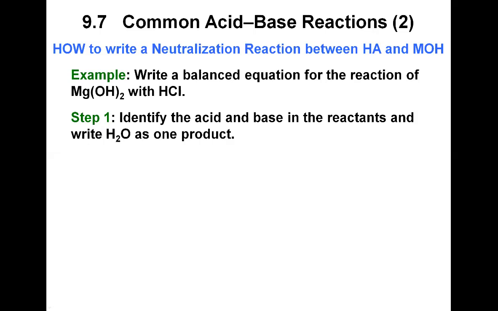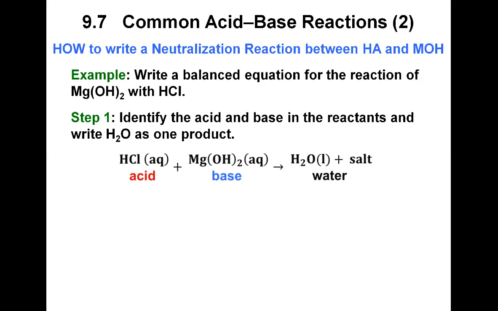The one that has hydrogen first in the formula is the acid. So HCl is our acid. And then Mg(OH)2 is the base, because you can recognize in that formula there is the hydroxide ion OH-. So you write them on the reactant side, and you write water as a product on the right side of the arrow.